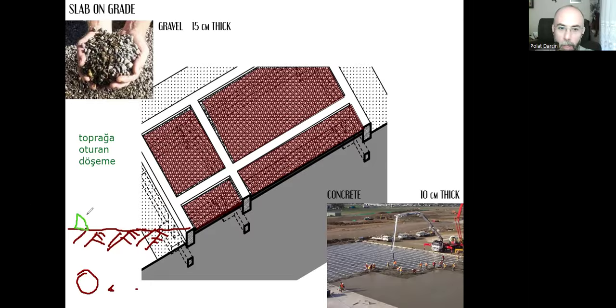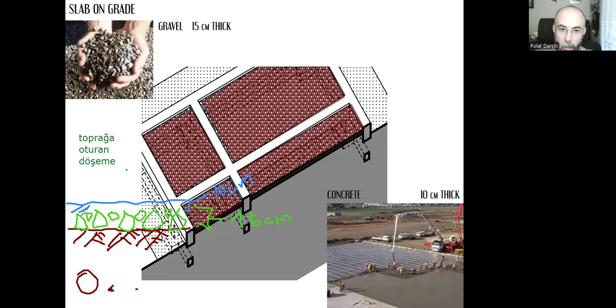If we place these crushed stones of gravel for 15 centimeters over the surface of this mixture, this height is 15 centimeters. Then when we pour concrete over the gravel for 10 centimeters, that will be another 10 centimeters of height.